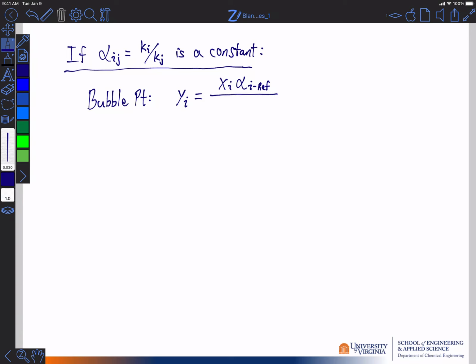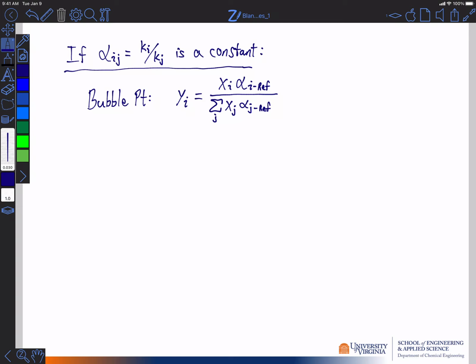where we might have something that looks like this. And we'll talk a little bit more about this as we go, but if we do have a multi-component system, we need to define alpha relative to some reference component, and we can pick that to be any one we want, but ultimately we'll need to pick one of our components as the reference that we use for all of the calculations.